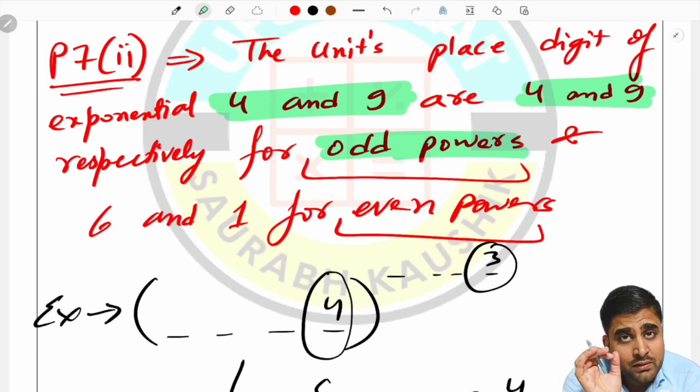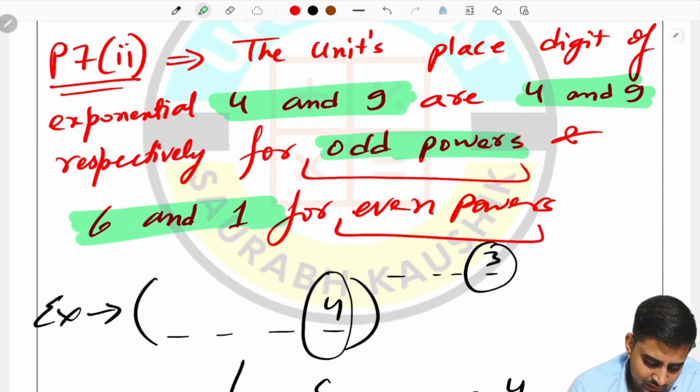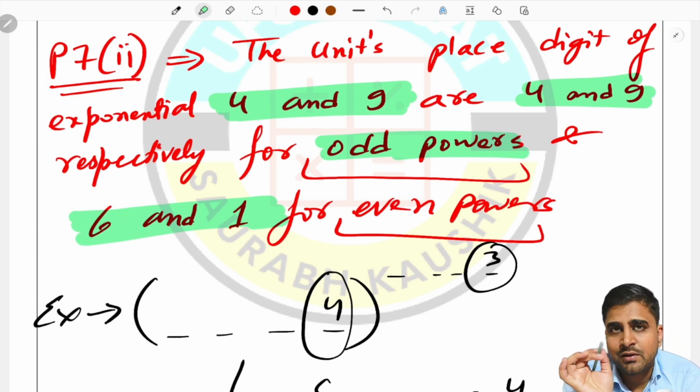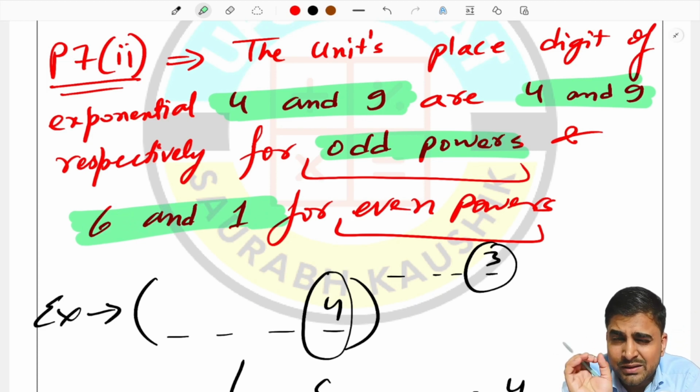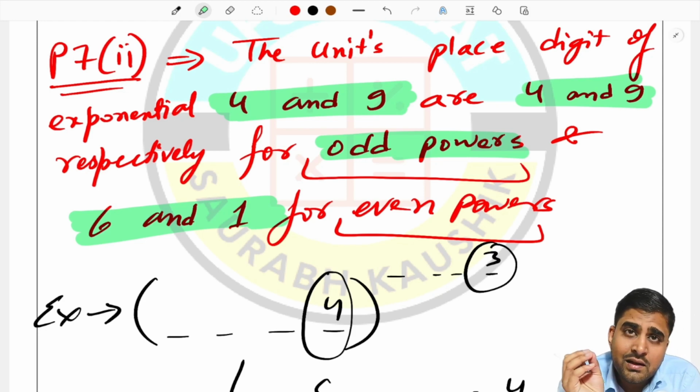But for even powers, they change and they will complete themselves. Complete means make them zero. How can you complete them? Try to add the remaining one. We have taken the example of 4.